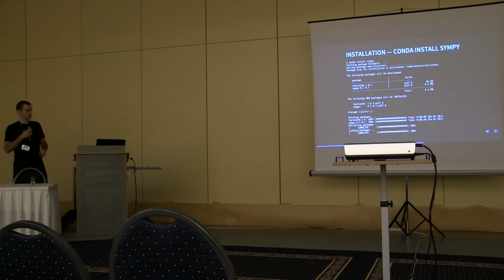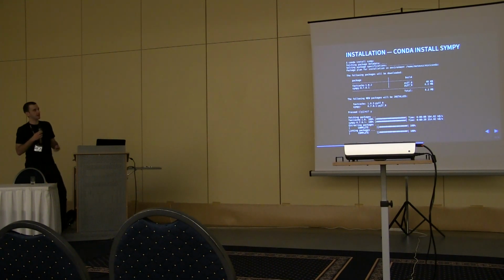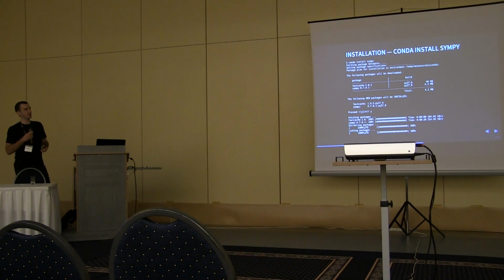Okay, so this is how it works. If you install SymPy, Conda will first of all tell you that it's fetching metadata, so that you have the most recent versions installed. Then it's solving the package specification.